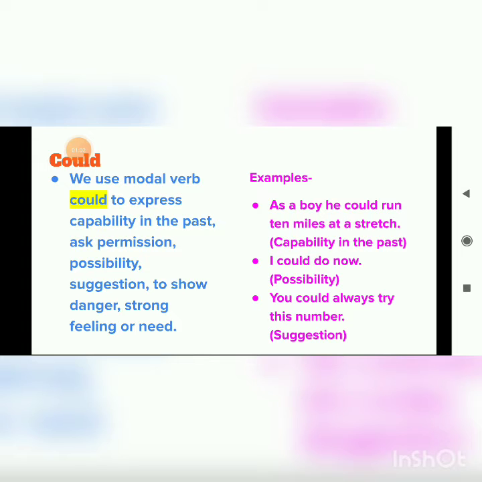It is a capability in the past. I could do now. It's a possibility. And the last, you could always try this number. It is a suggestion. I hope students you all must have understood modal auxiliary can and could. Moving to our next one.